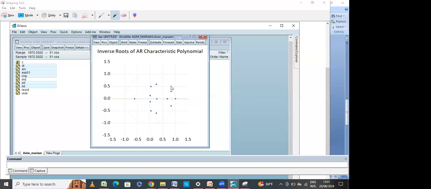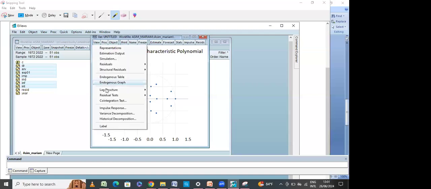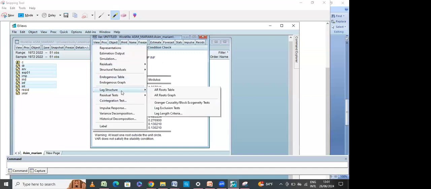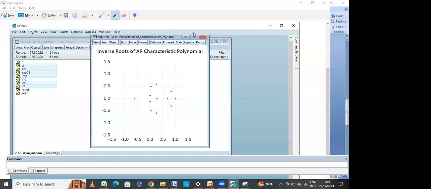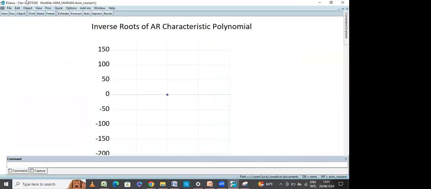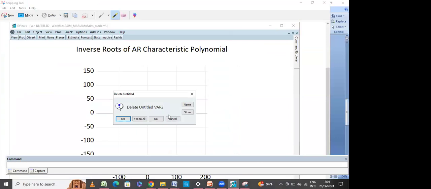So you can see here is the AR graph, and here I can even check the table. Here I can check this inverse root. Now we have this.